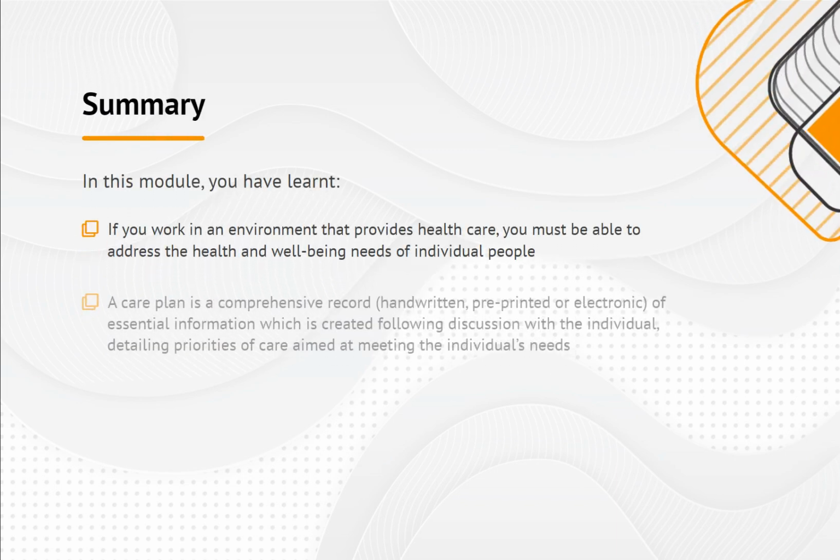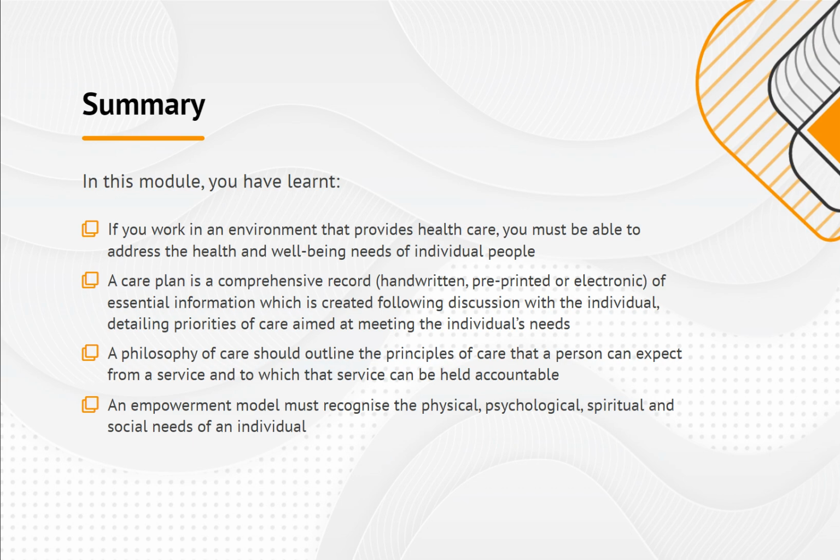Summary. In this module, you have learned: if you work in an environment that provides health care, you must be able to address the health and well-being needs of individual people. A care plan is a comprehensive record, handwritten, pre-printed or electronic, of essential information which is created following discussion with the individual, detailing priorities of care aimed at meeting the individual's needs.